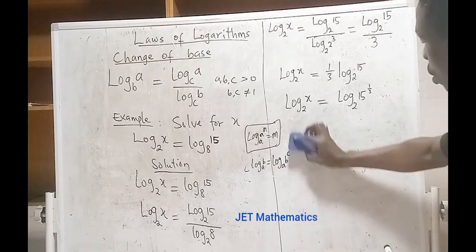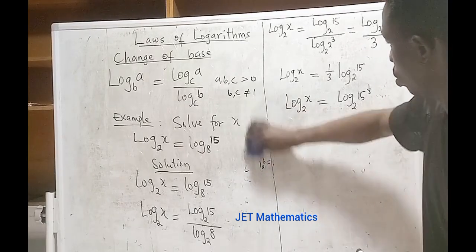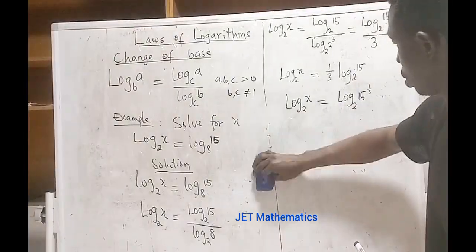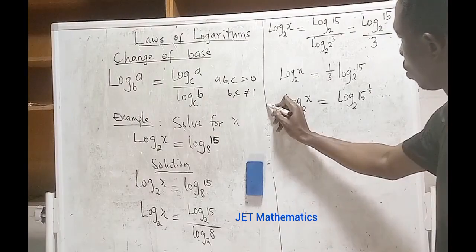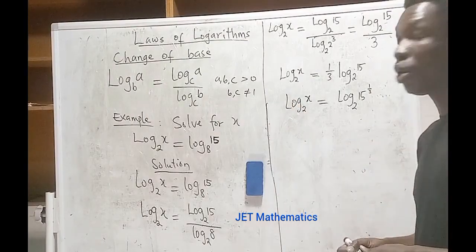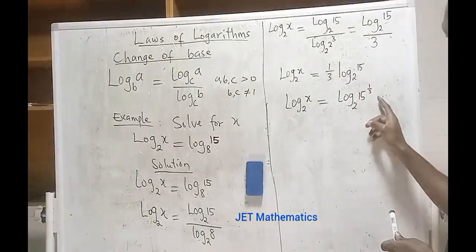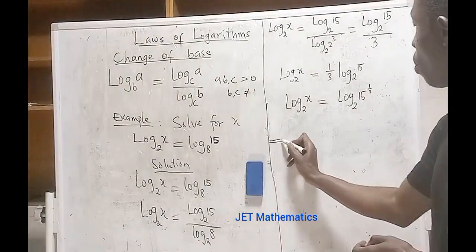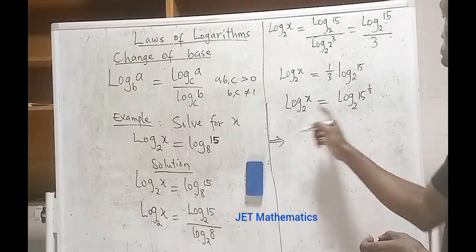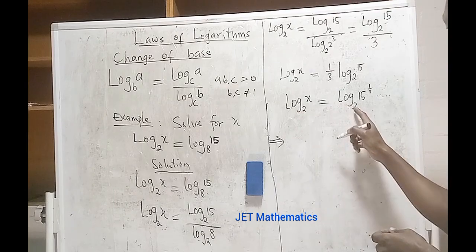So I can clean this up so that our work will look neat. The 1 over 3 comes up here now, so we have this. Now comparing both sides of the equation, here is log 2, here is log 2.